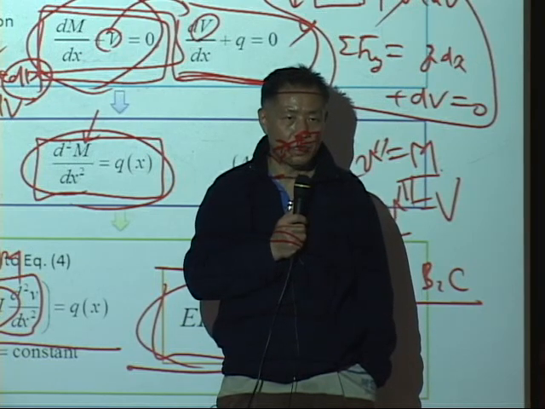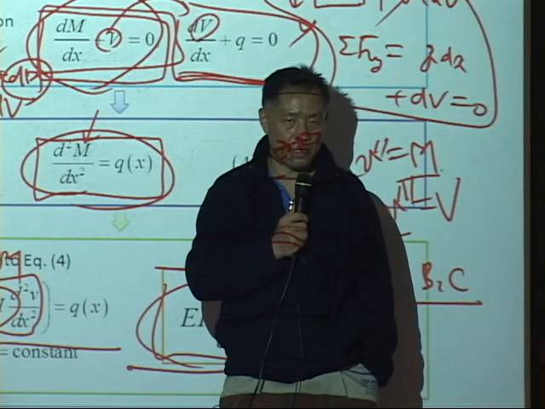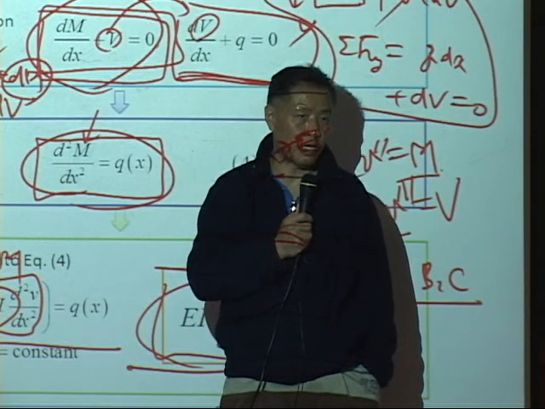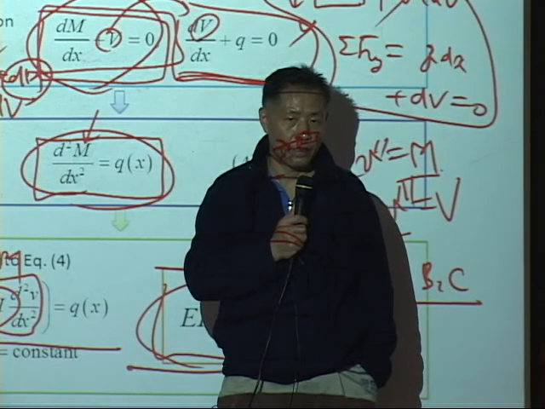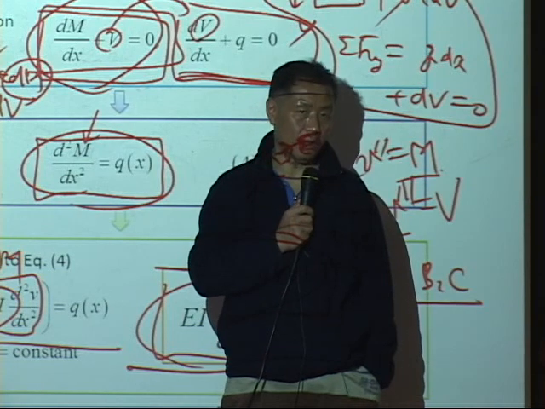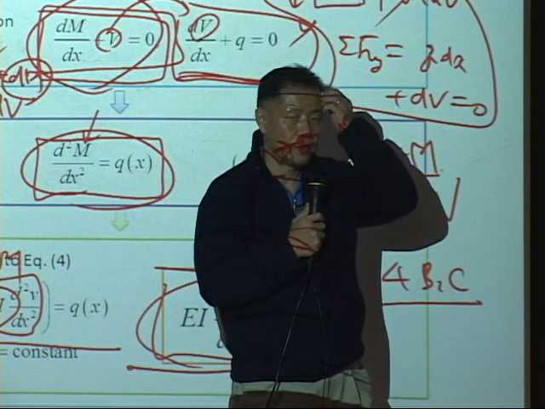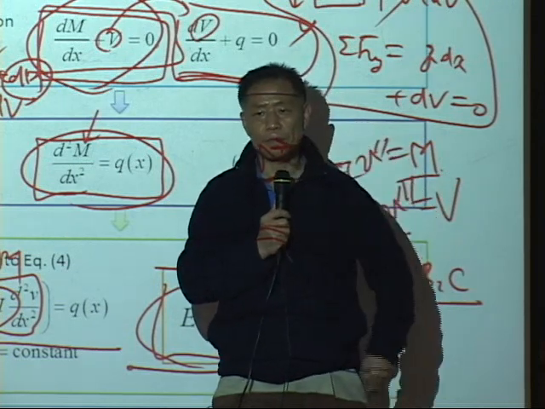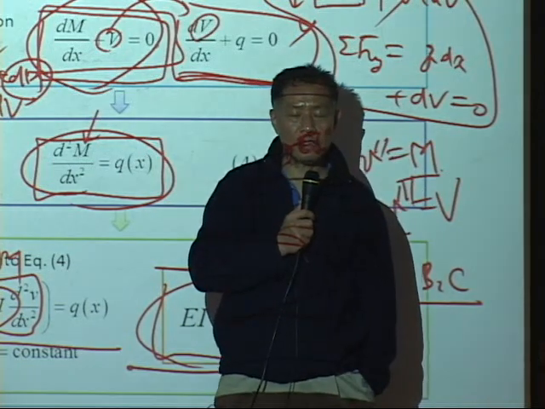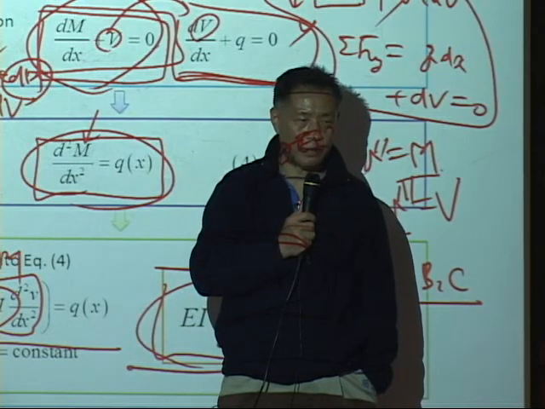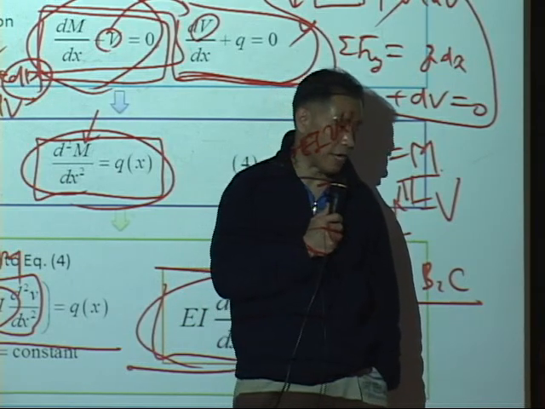Curvature is given by d theta/dx, and theta is the first derivative of V. So it is the second derivative of V, which is K, right? So moment is EI times the second derivative of V with respect to x, right?